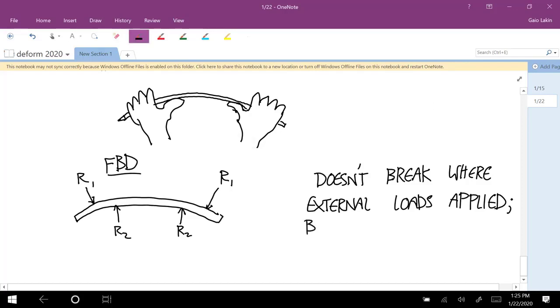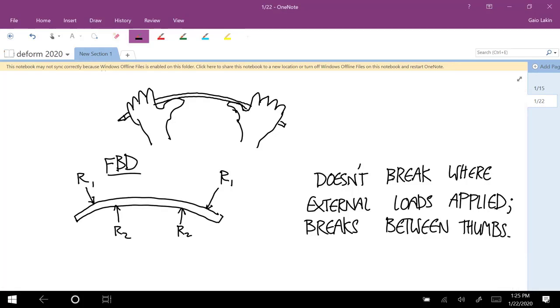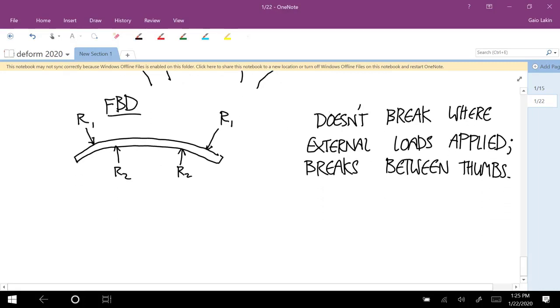Instead, it breaks in between the thumbs somewhere. So what's going on? How can you measure how likely this thing is to break if whatever makes it break doesn't show up in the free body diagram? So what makes it break?